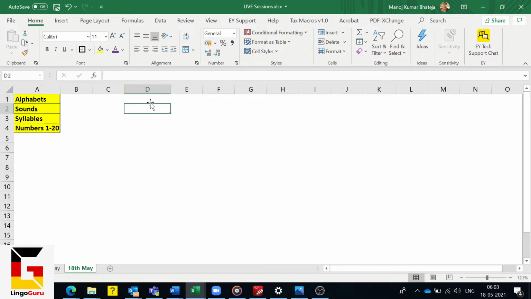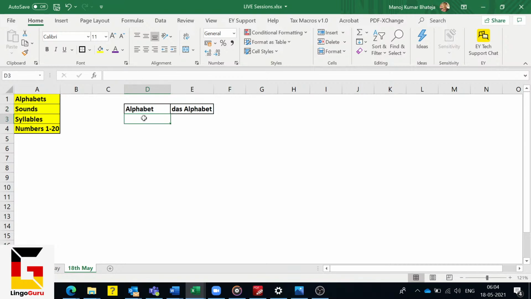Alright, let's talk about alphabets, which is called das Alphabet in German. Das Alphabet. The das we'll be learning later on, what exactly this das means. Now German letters are written the same way English letters are written. There is no difference, right?